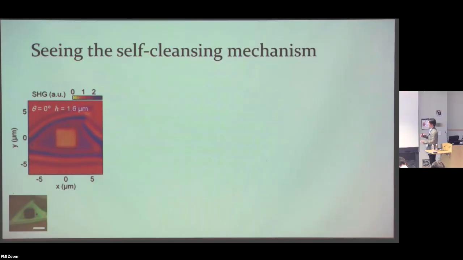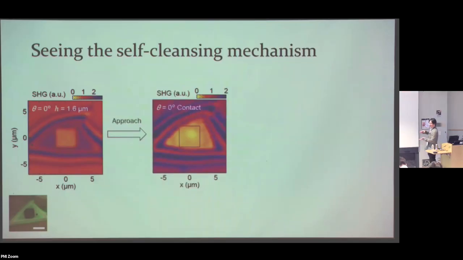So this is the image before the two flakes are engaged. Okay, so they are still spaced by 1.6 microns. Now, when we apply the voltage to drive the MEMS down, they are now touching, and you can see that the signal has changed, and there is a little bit of inhomogeneity there, presumably because there are some bubbles trapped between the two hBNs, which is pretty common when you work with these 2D materials. Okay.